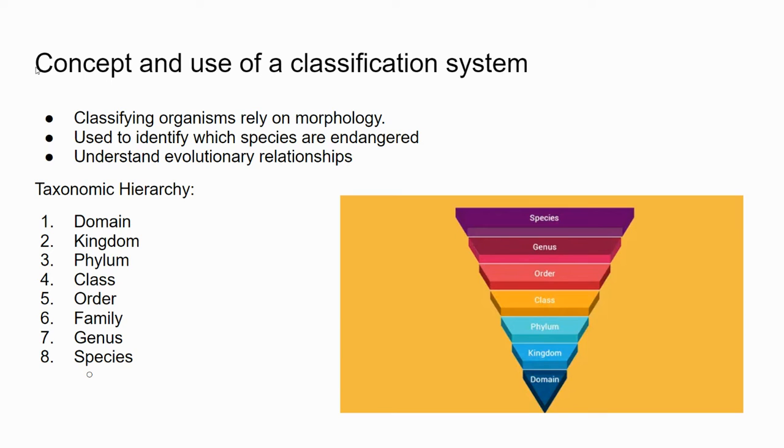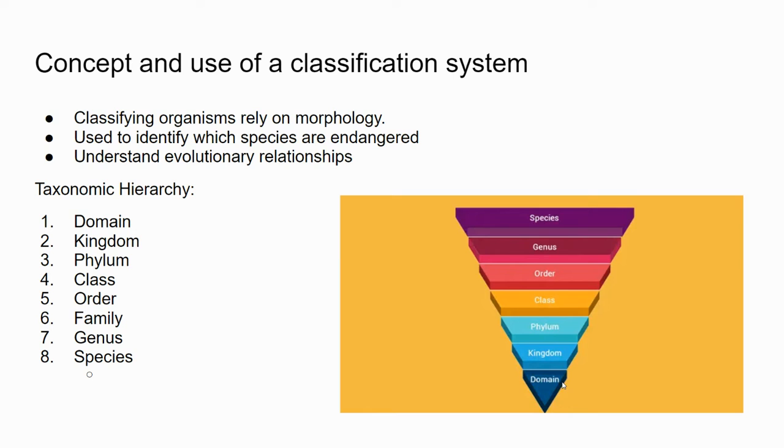So to classify an organism or many organisms, you rely on the morphology, or the structure or appearance, the observable physical appearances of an organism, and then you classify it. On my screen right now, I have a picture of the taxonomic hierarchy. From the bottom, for the basic building block, you have the domain.